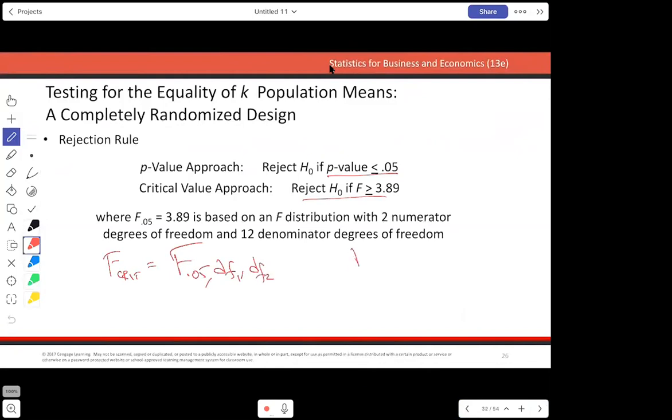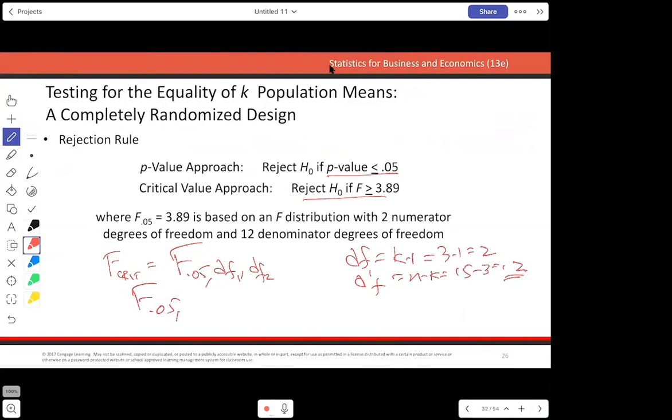What's degrees of freedom 1? Degrees of freedom 1 is the number of columns minus 1, k minus 1, which is 3 minus 1, which is equal to 2. And degrees of freedom 2 is n minus k, which is 15 values minus 3, which is 12, all right?